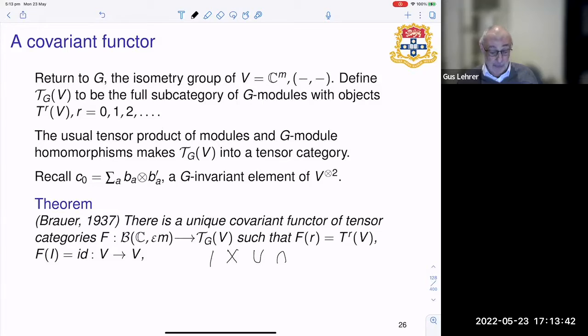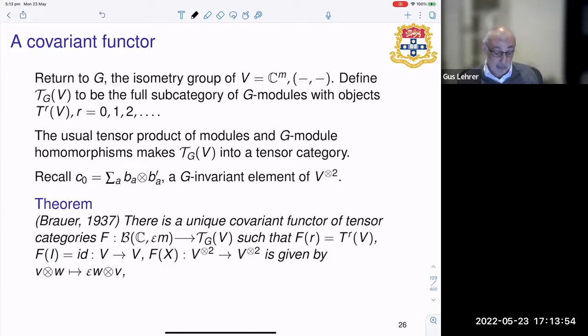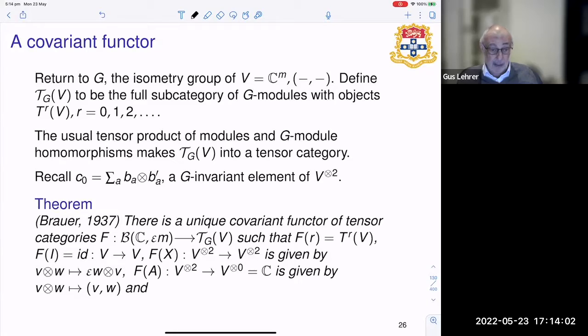So we need to define this functor only on these. F of I is the identity. F of x is the interchange, but with a sign of epsilon. That means F of the cap is given just by taking the inner product. Finally, F of u is a map from V tensor to the 0 to V squared, and that's given by taking 1 to this special element C0.